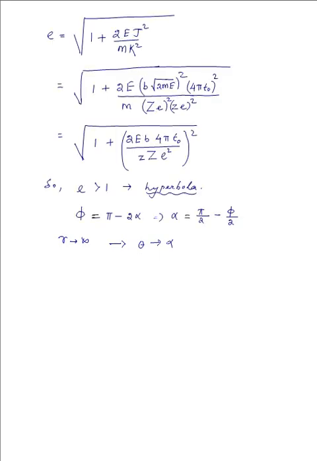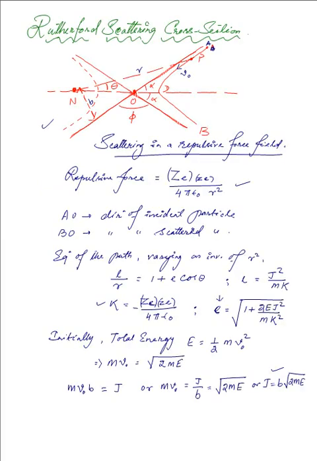As you can quite clearly see from the figure, if r is going over to infinity, we have theta approaching alpha over there.